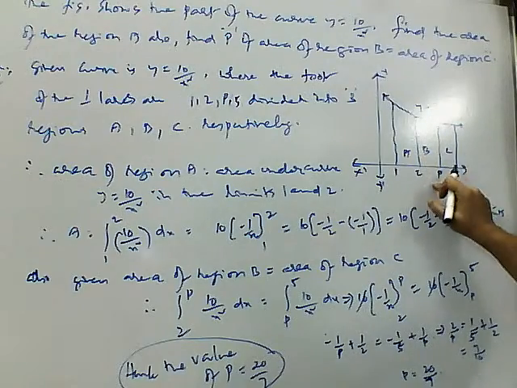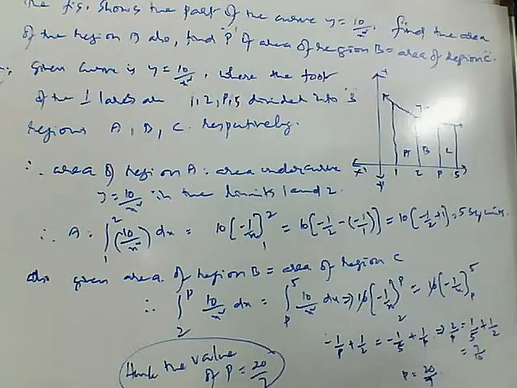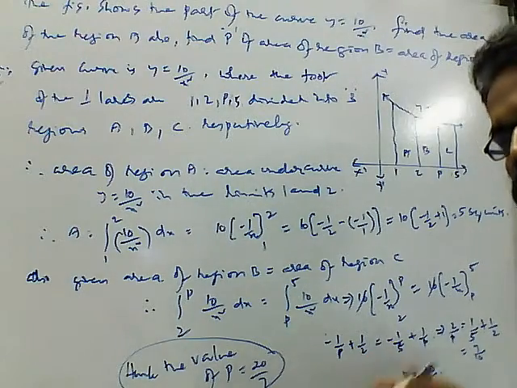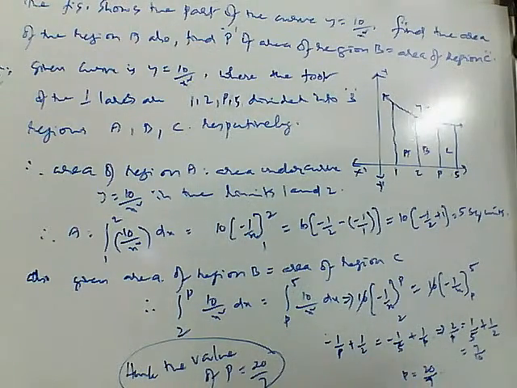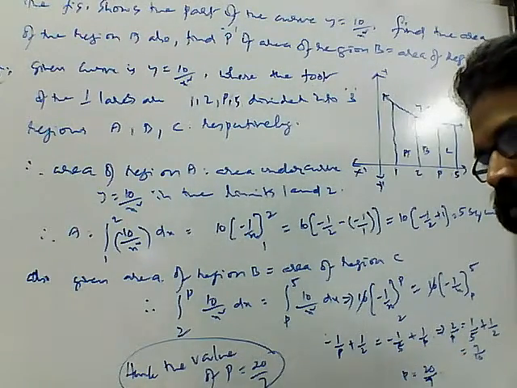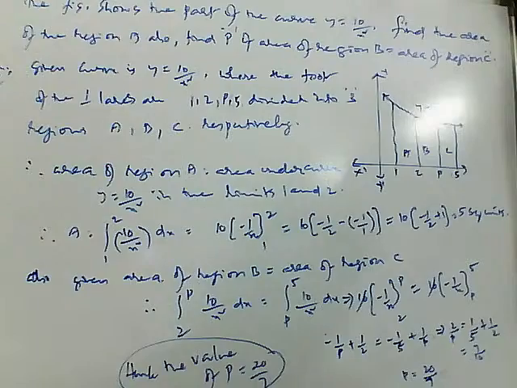These two areas are equated and the p value is found with respect to the limits. This is a very special type of question. Mostly it can come in the board exam also, because this is a somewhat twisted question. It's not a direct question. Are you clear? Yes? We'll do one more question.